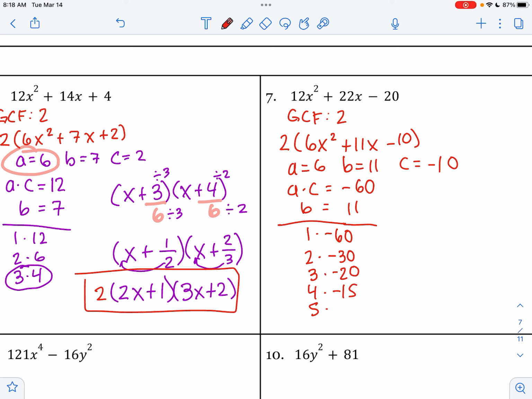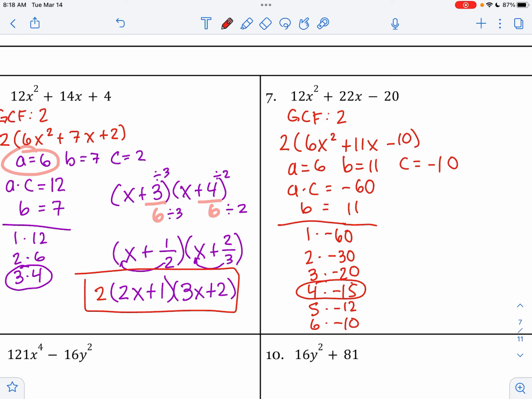Divided by 5 is negative 12. Divided by 6 is negative 10. This has a lot. And then 7 doesn't go into it. 8 doesn't go into it. 9 doesn't go into it. 10 goes into it, but we already have 10. So now we're done. Okay, now we have to find which of these add up to a positive 11. So notice that I have, well, 3 minus 20 is negative 17.